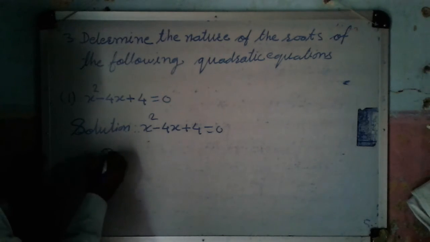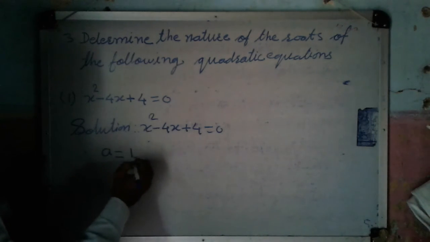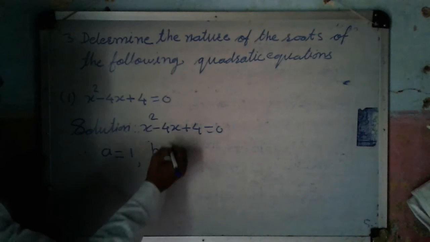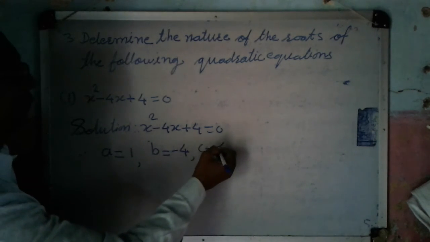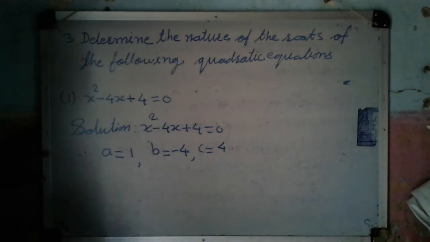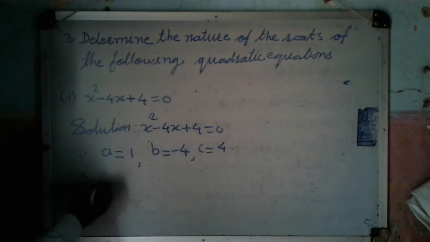So here a is equal to 1, b is equal to minus 4, c is equal to 4. Now the value of delta.